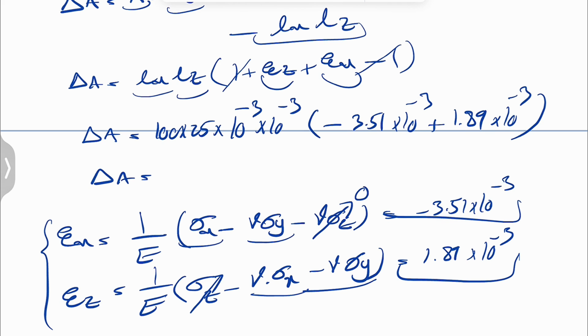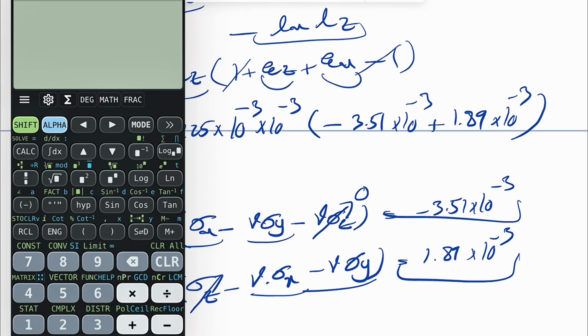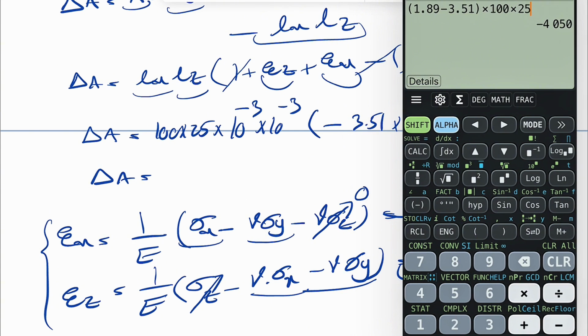So delta A can be calculated from this part: 1.89 minus 3.51 times 100 times 25. And we can actually report it as millimeters squared instead of meters squared. So I'm just going to remove this in here.